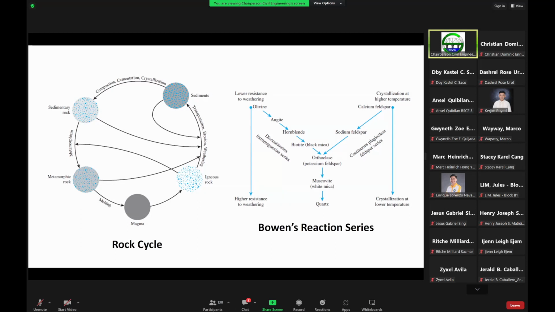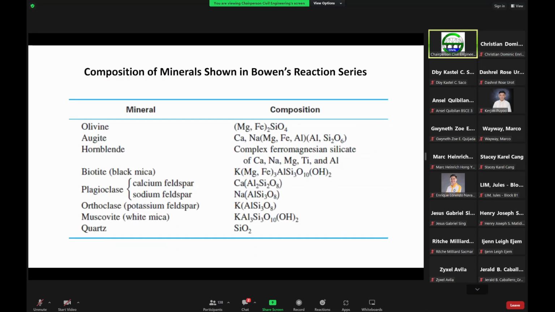In the case of sandy materials, for example, quartz is the most dominant mineral. So that is just some of the composition of the minerals shown in the Bowen's reaction series.